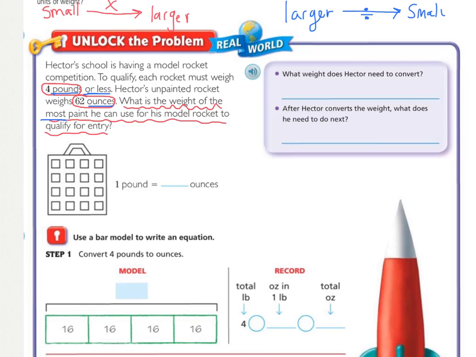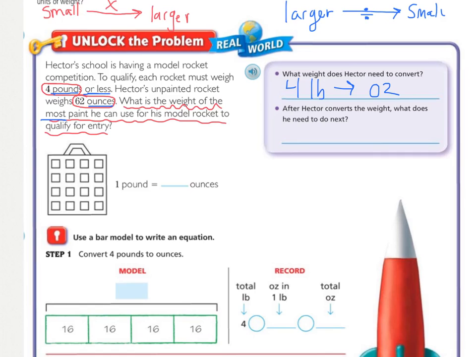What weight does Hector need to convert? So that's right here. Well, we need to have them both in the same unit. So we have 62 ounces here. We are going to convert our 4 pounds, the 4 LB, to ounces. And then after we convert that weight, what do we need to do?